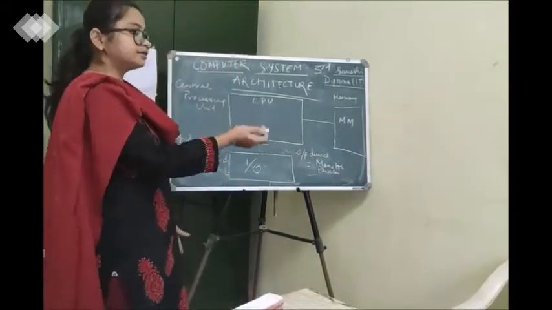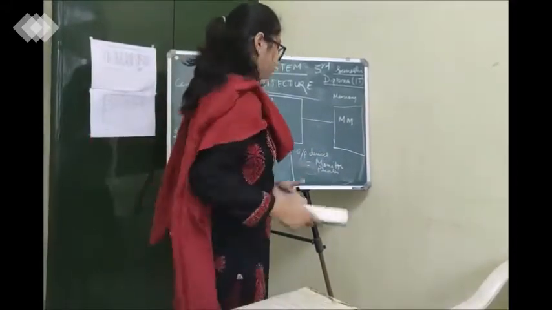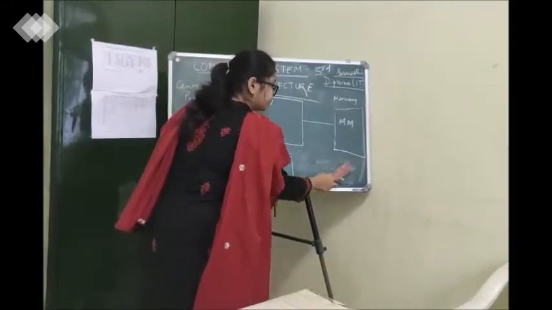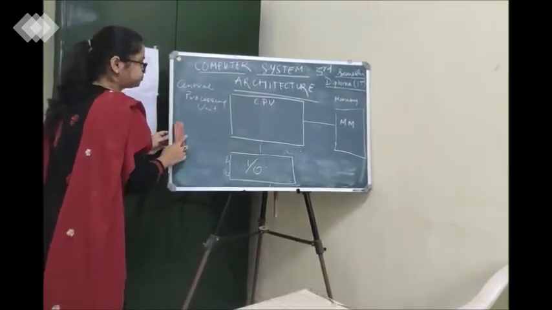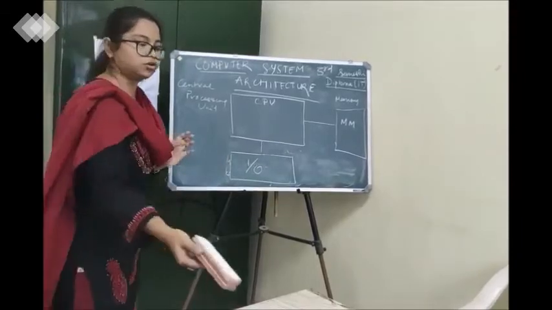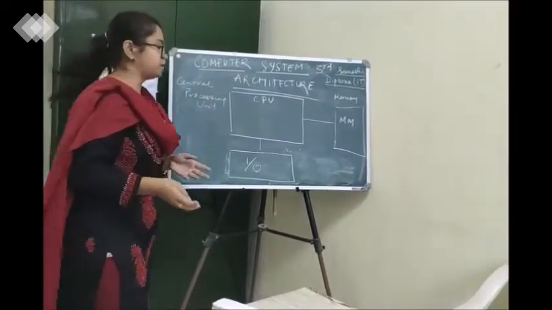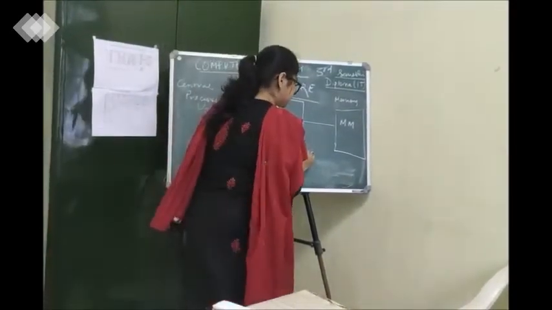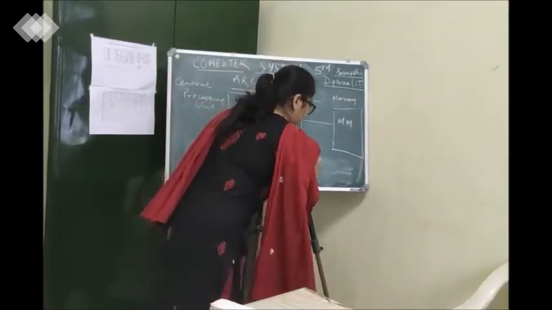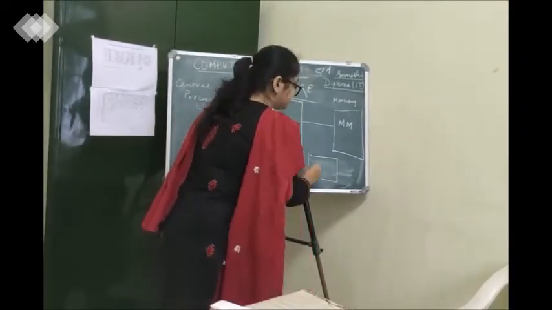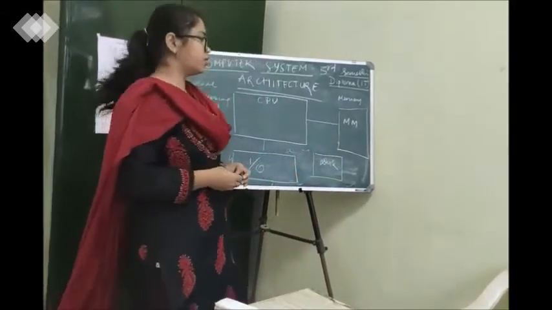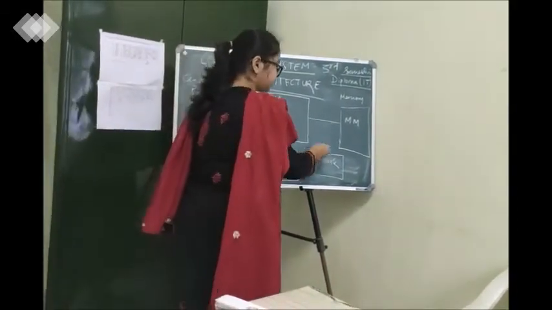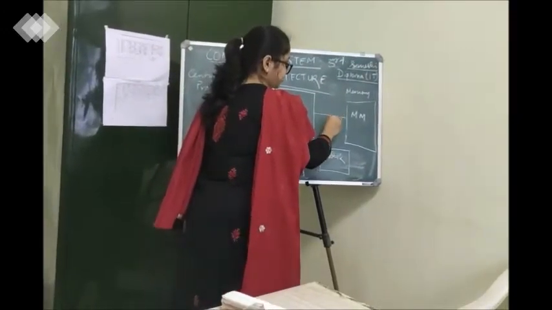Now there is another type of memory called secondary memory. Let me rub all this. You have to take notes of input devices and output devices. Always take short notes using a pen and paper so that it is easier for you to revise. Now, this is called a disk. This is also one of the components which is connected with main memory.